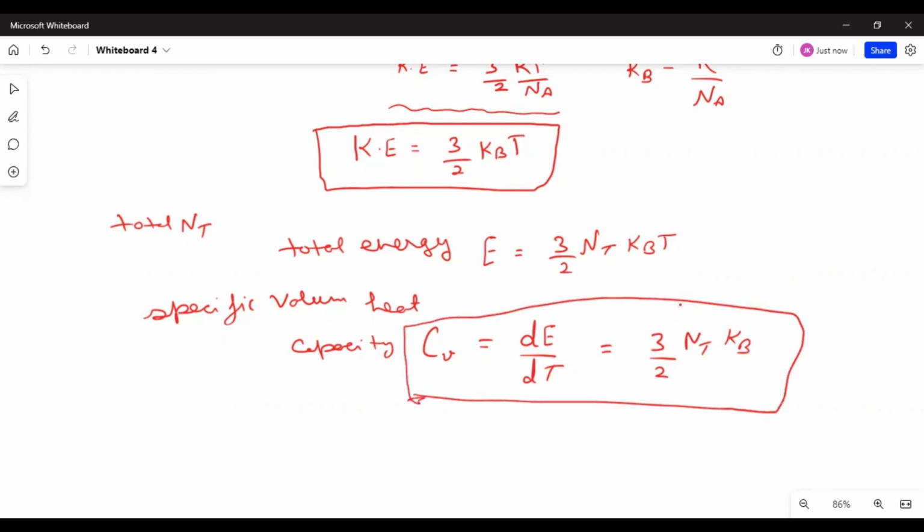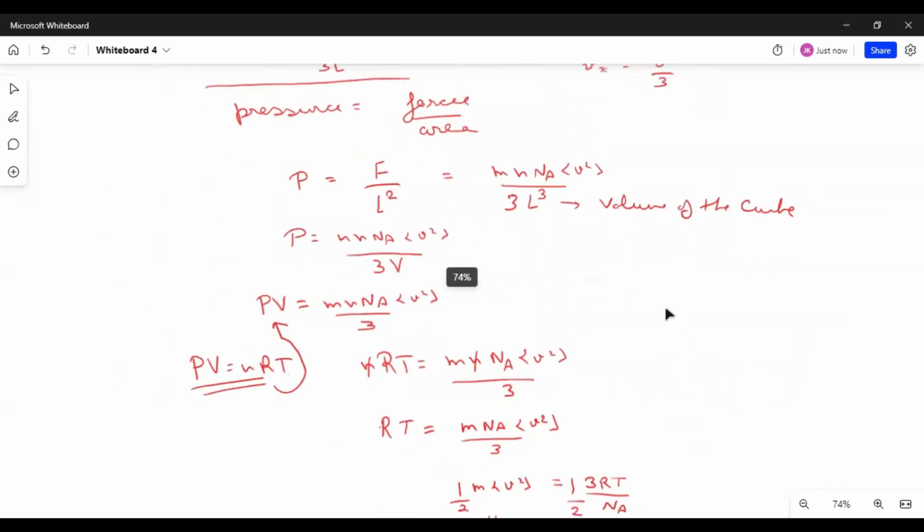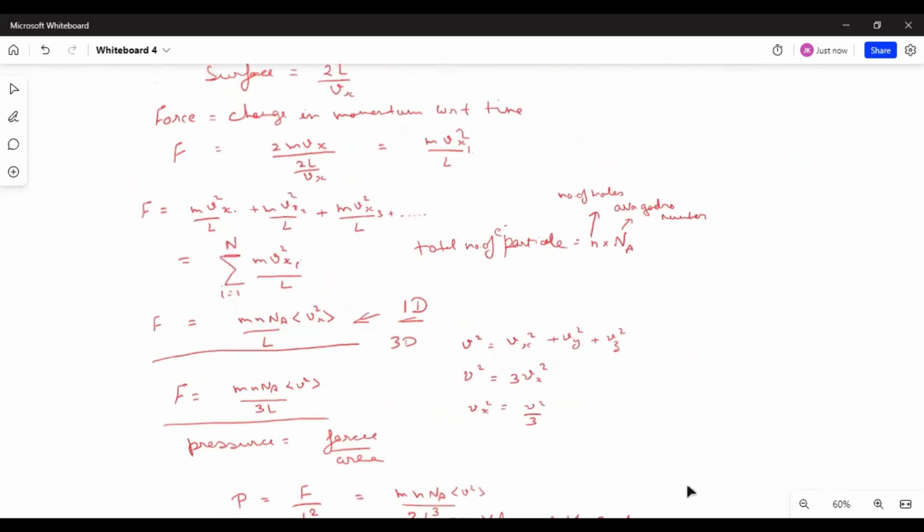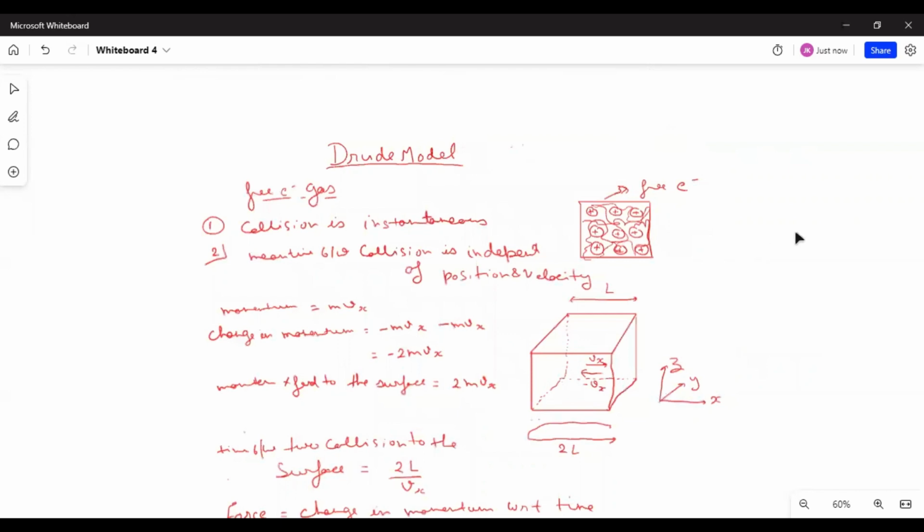Now if I summarize overall what we did, we started with the explanation of the Drude model. There is a metal which has a positive ionic core, and the electrons are moving freely inside these cubes, so they are assumed as a free electron gas.